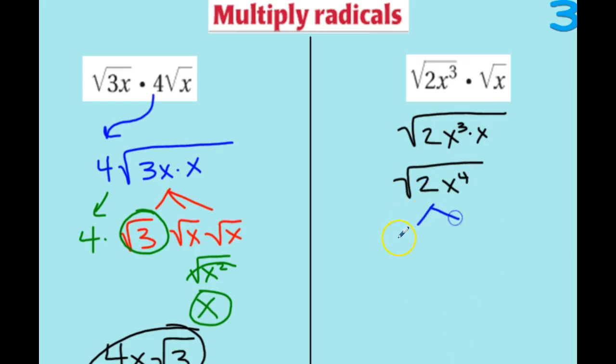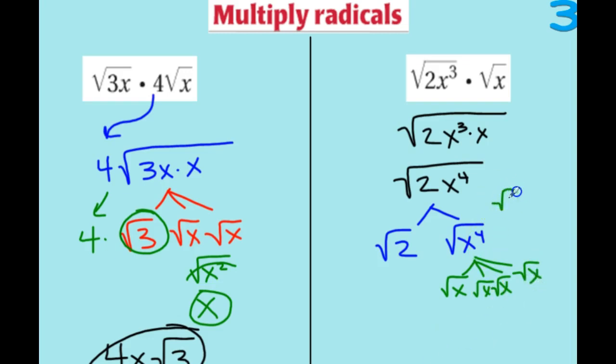We have square root of 2, and we have square root of x to the fourth. Well, x to the fourth is really square root of x 4 times. Some of you might want to think, hey, it's really square root of x squared only 2 times. And yes, you're right, that would be the same thing as well, kind of simplifying or skipping a step there.